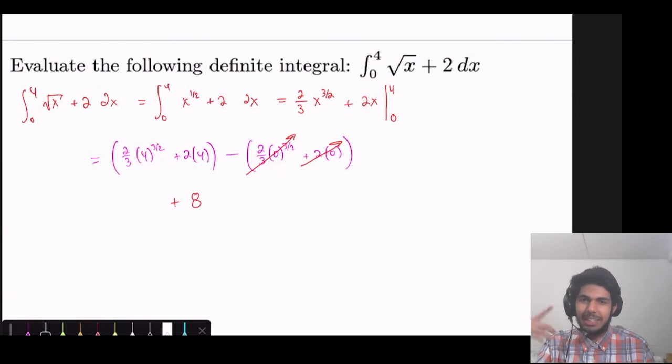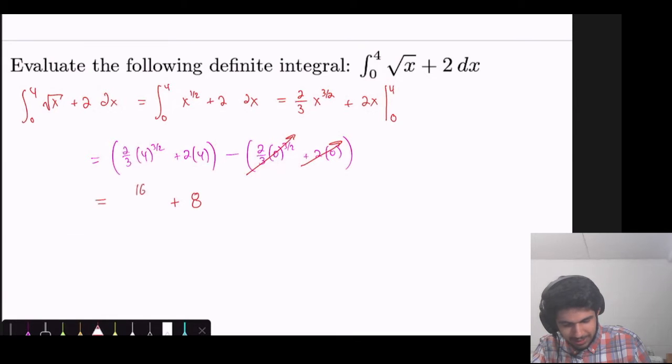So the way we do that is we take 4 to the 1/2 power, which is 2. Square root of 4 is 2. And then we cube 2, so that's 8. And then 2/3 of 8 is 16/3. So this will be equal to 16/3 plus 8. And then adding these together, we get 40/3.